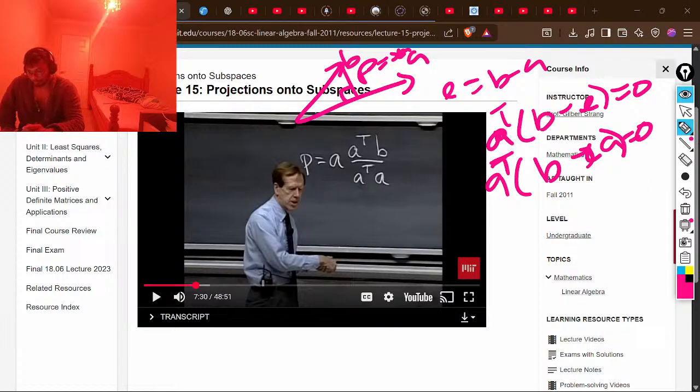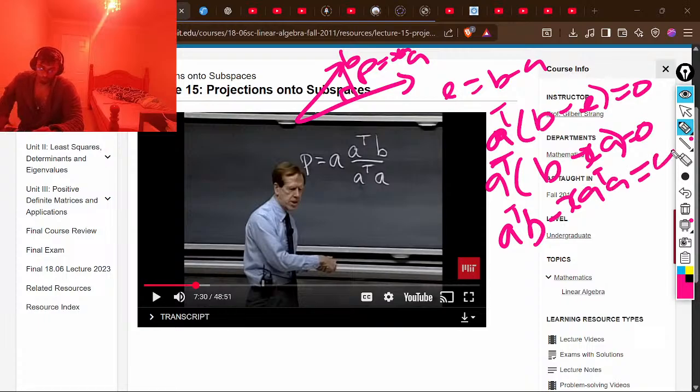I need to substitute the p. I just have to multiply, I guess. I still don't understand why the A transpose comes before, but it is what it is.